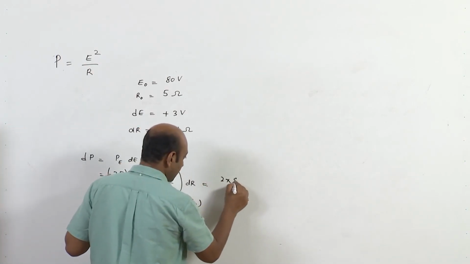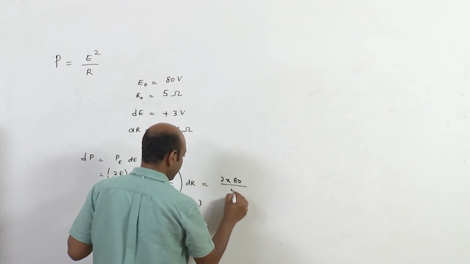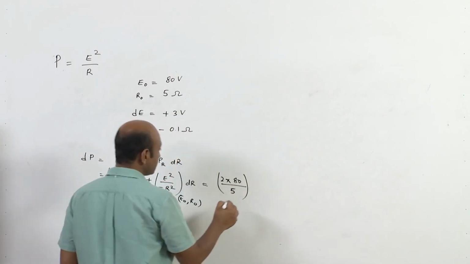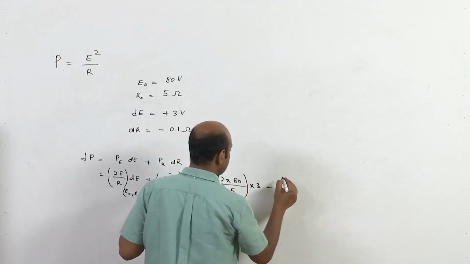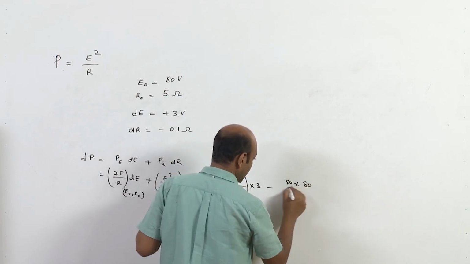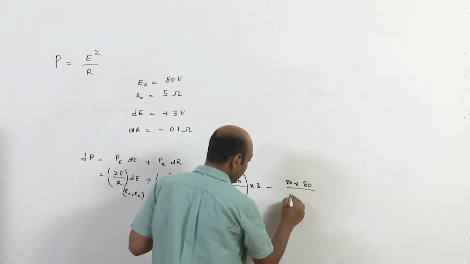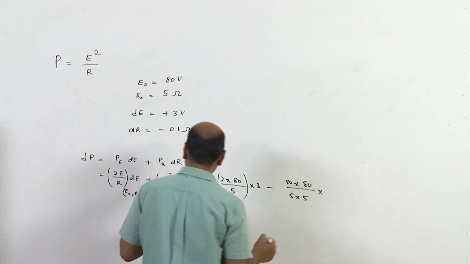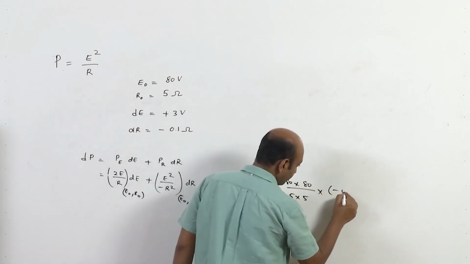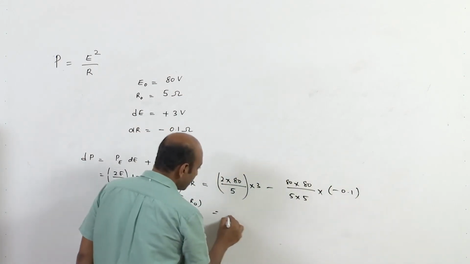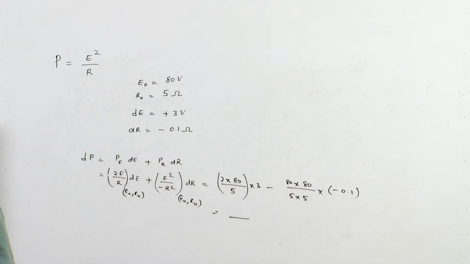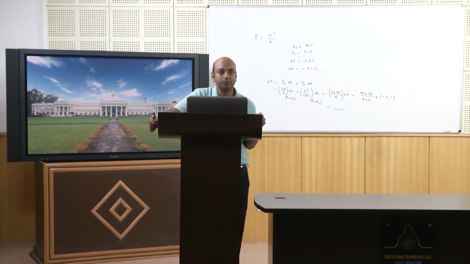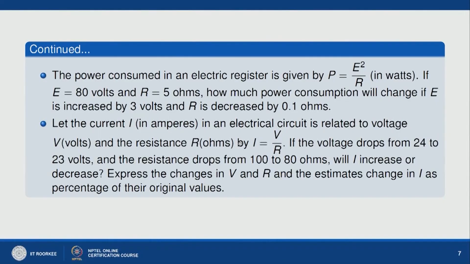So, it is 2 into 80 upon 5, dE is 3 minus this E square is 80 into 80 upon R square is 5 into 5 into dR is minus 0.1. So, we can simplify this and we can find out the corresponding change in the power consumption. Okay. Similarly, we can solve the next problem also, which is given in electrical circuit.